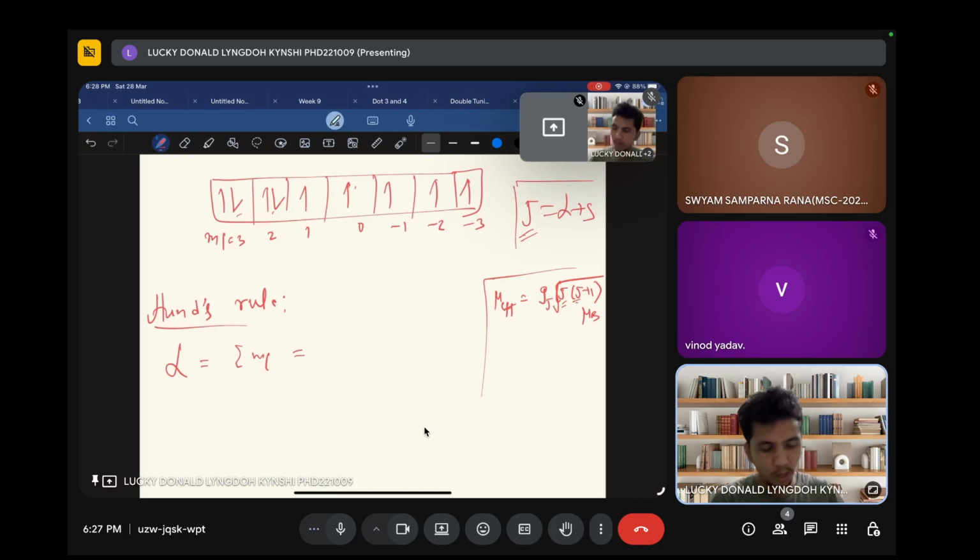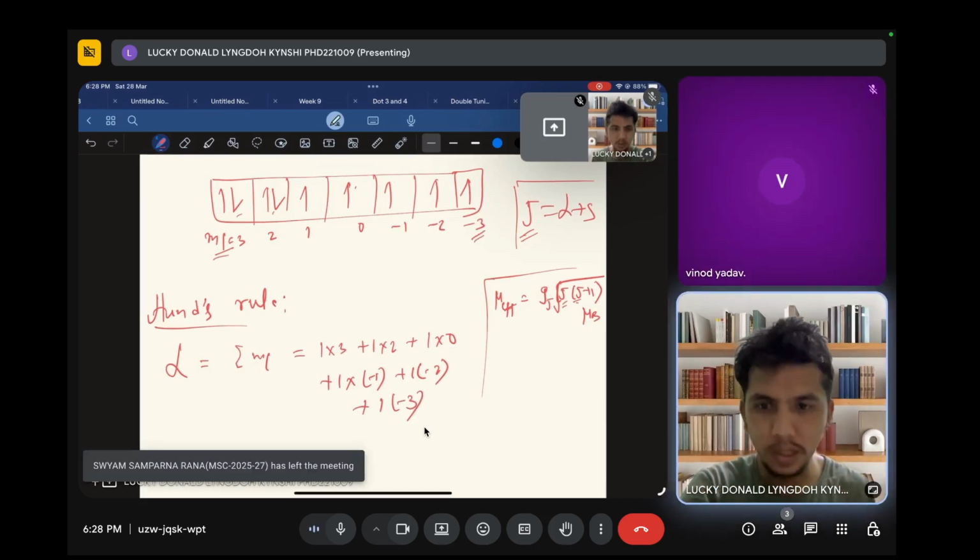Okay, so now how do you get the value of L? You know that there are 7 electrons, and these electrons are arranged according to Hund's rule, and capital L is equal to the summation of ml. That means you just need to add here. So 1 into 3, plus 1 into 2, plus 1 into 0, plus 1 into minus 1, plus 1 into minus 2, plus 1 electron with ml equal to minus 3.